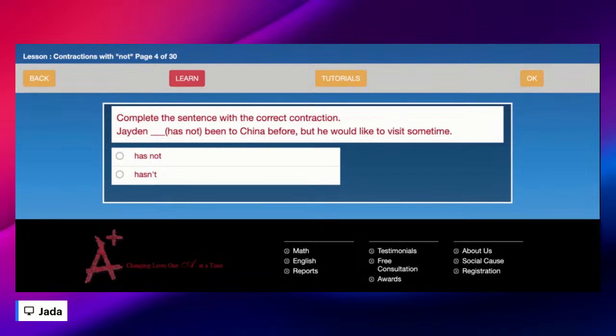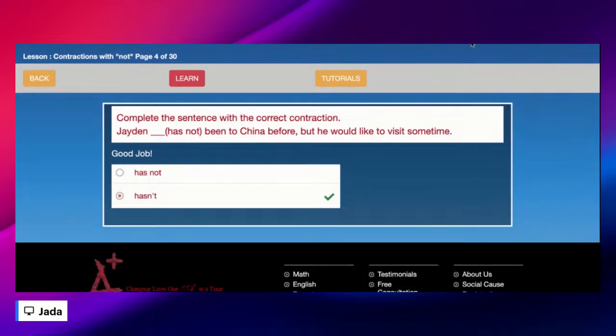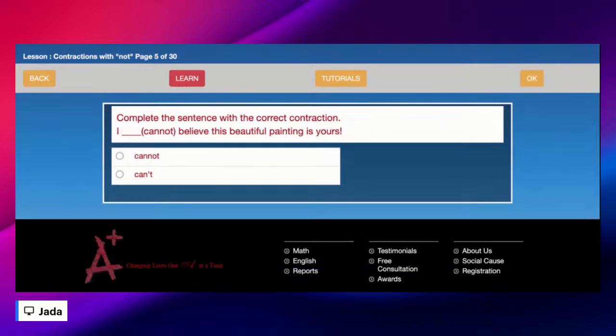Okay, guys. All right. So just like we made sentences with the other contractions, I want you guys to make sentences with these contractions. So these contractions are different. Okay. So they have the not. So give me one sentence each with contractions with not.